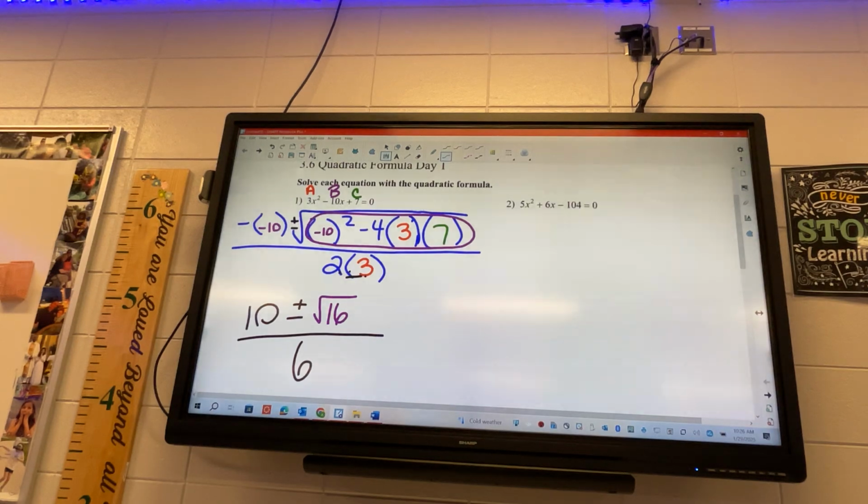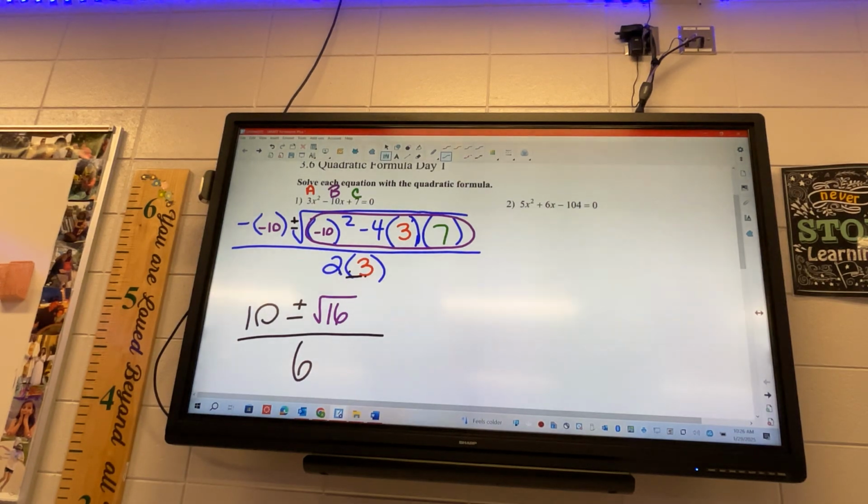Now you're going to hit the square root button on your calculator, put 16 and hit equals.